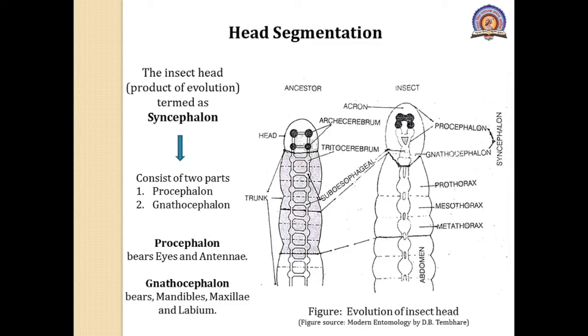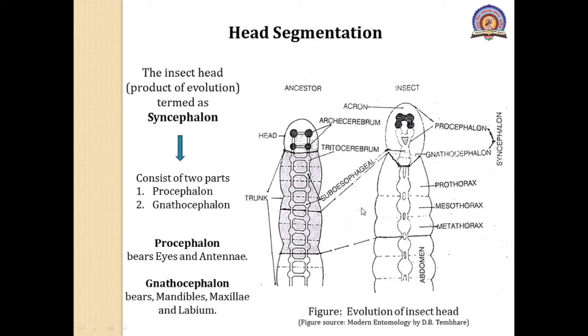It is absolutely impossible to recognize the segmentation of the head from the morphology in the adult condition. Embryological studies may help in solving the problem. According to phylogenetic consideration, the insect head is in fact a product of evolution, and this can be termed the syncephalon.